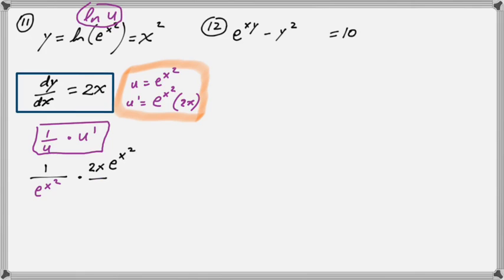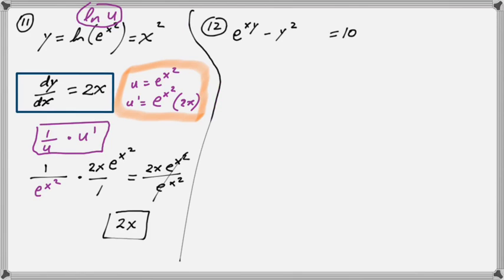So you end up with, on top, 2x e to the x squared divided by e to the x squared. Those would cancel, and you could still get the derivative that way. It just would take longer. And on a timed advanced placement exam, you probably don't want to spend that time doing unnecessary work. But if it gets you the right answer, it's worth it.